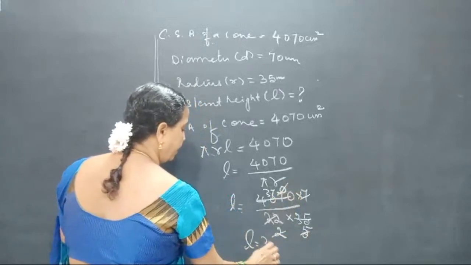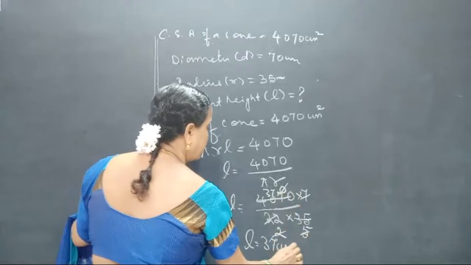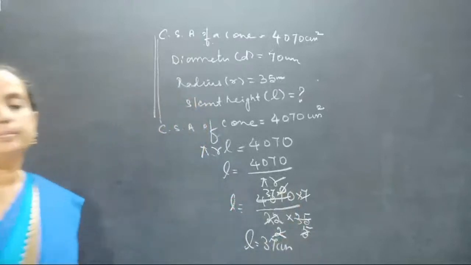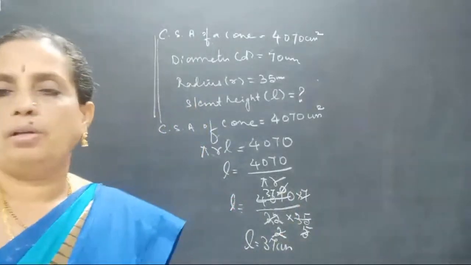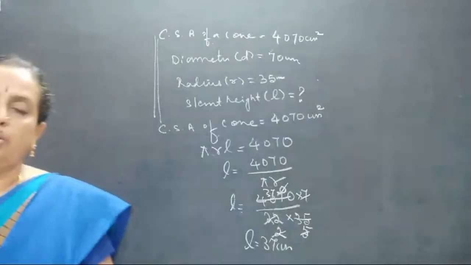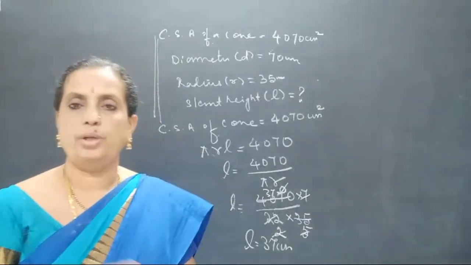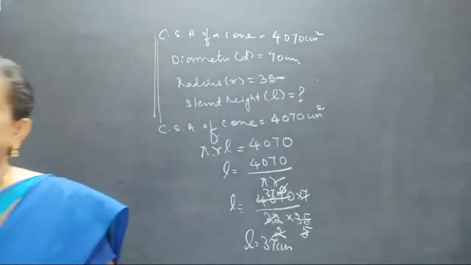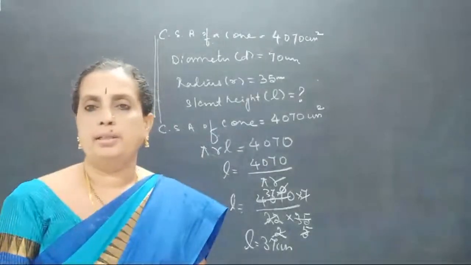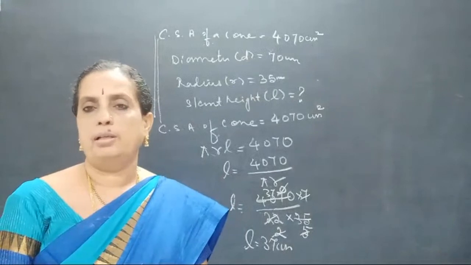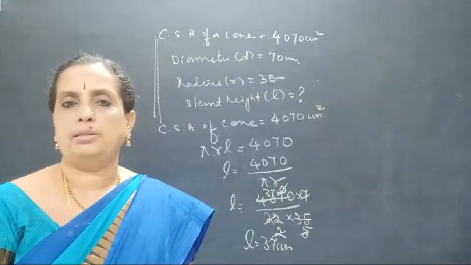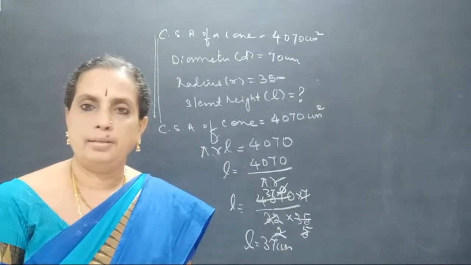So slant height equals 37 centimeter. These are all direct questions, 1 mark, 2 marks questions. Sometimes for an MCQ question, you have to do the calculation in the working column and write the right answer in the optional part. Is it clear?